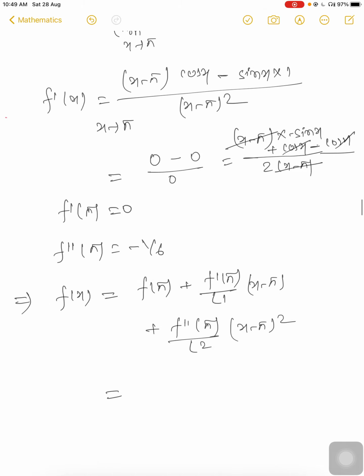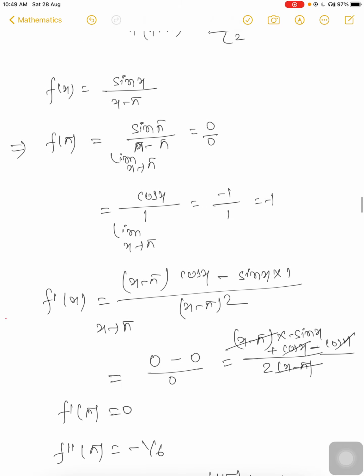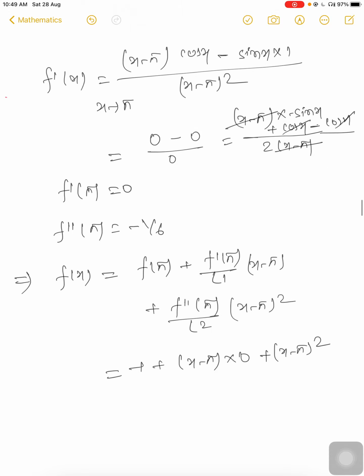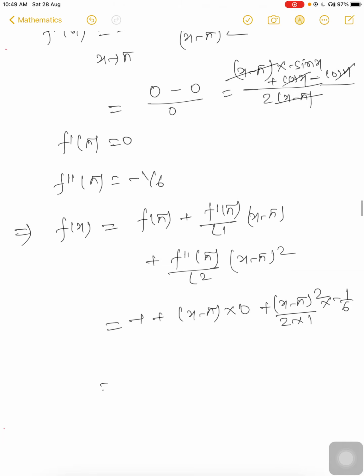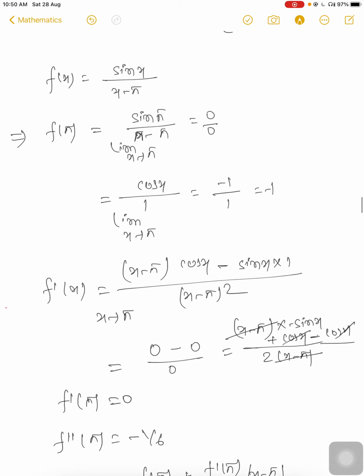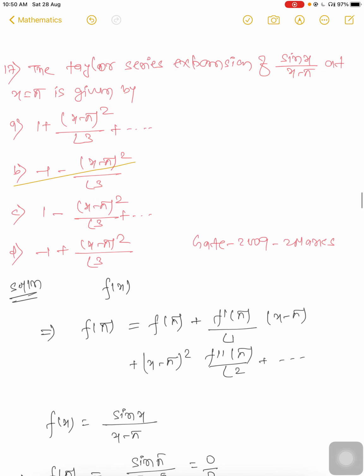So f(pi) is minus 1, plus x minus pi into 0, plus x minus pi whole square, and f double dash is minus 1 by 6 with factorial 2, which gives 1 by 12. So minus 1 minus 1 by 12 into x minus pi whole square.